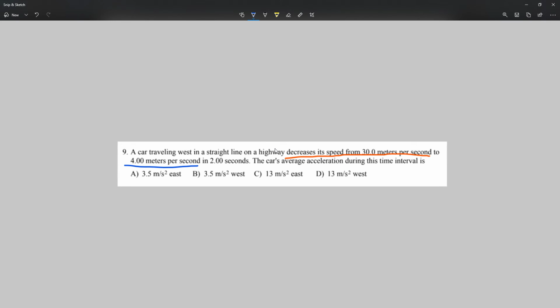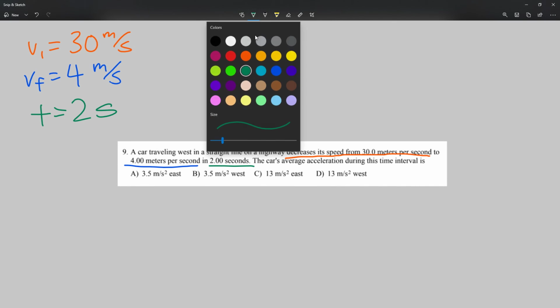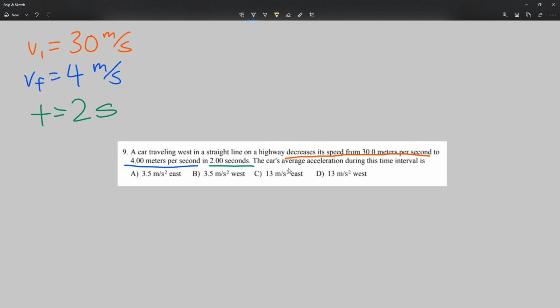So when you're decreasing your speed from one speed to another, one is initial, one is your final velocity. So my initial velocity here is 30 meters per second, and my final velocity is 4 meters per second. It says 2 seconds, so we know that's our time. Car's average acceleration is what?